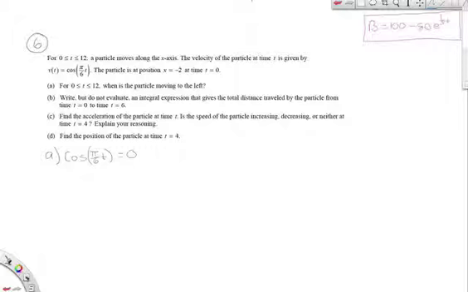For me the easiest way to do this is to think about the function not cosine pi over 6t, but cosine of t. So cosine of t equals 0. Lots of places. That's a pretty bad graph, but pi over 2, 3 pi over 2, 5, 7, 9, etc.